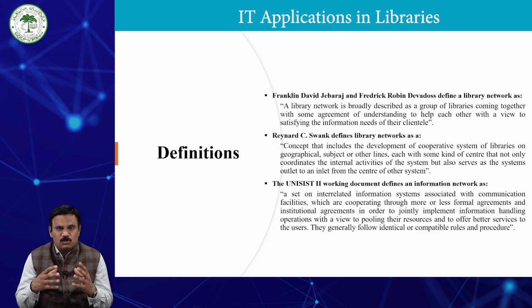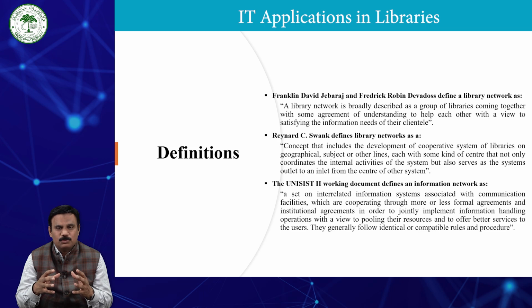Ronald C. Swank defines a library network as a concept that includes the development of cooperative systems of libraries on geographical, subject, or other lines, each with some kind of center that not only coordinates the internal activities of the system, but also serves as the system's outlet to and inlet from the centers of other systems.